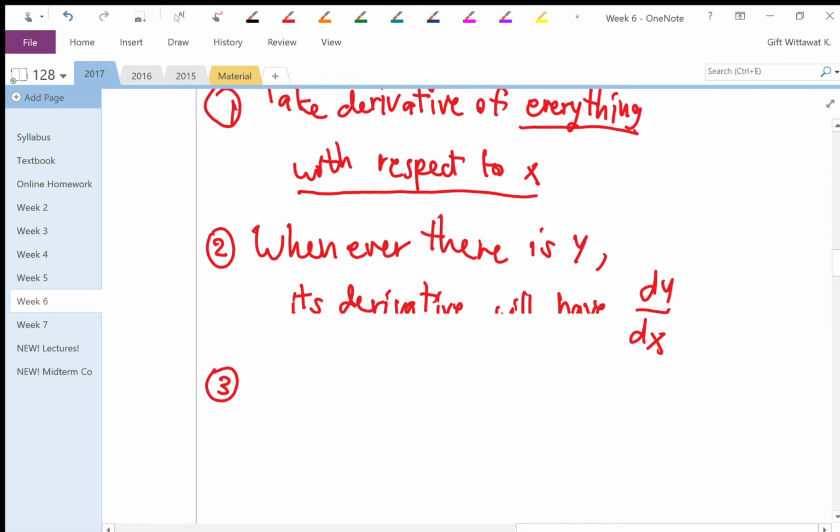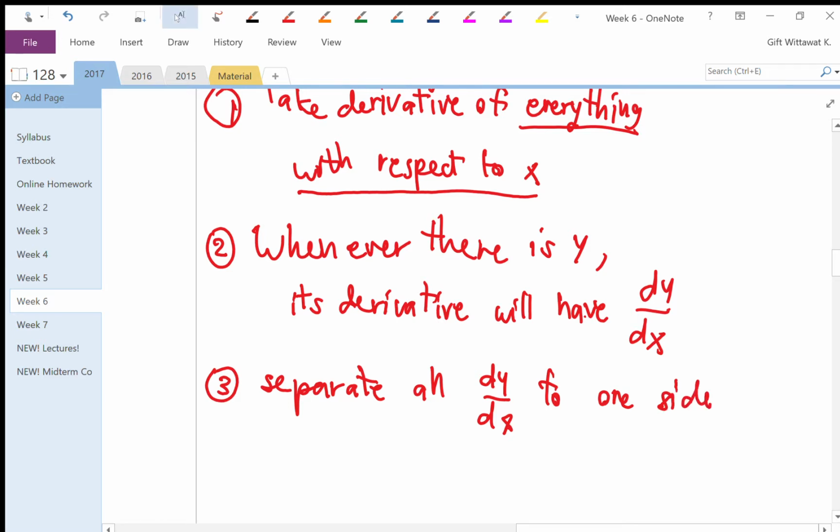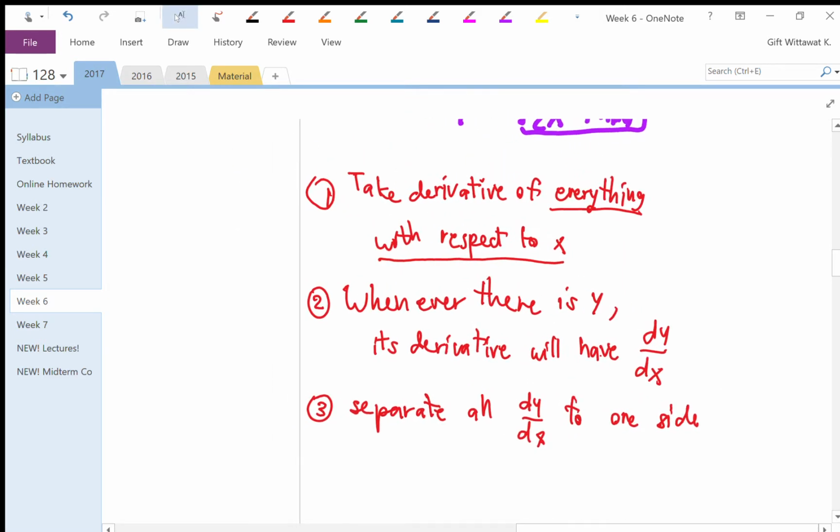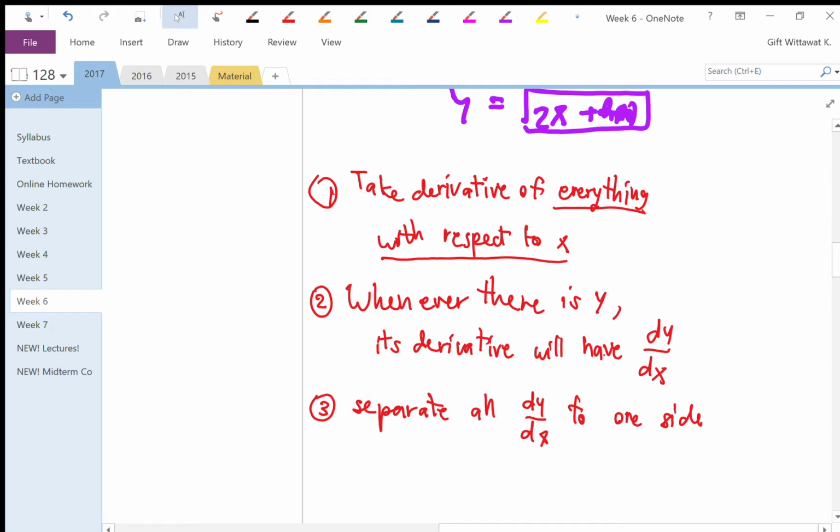And also, you separate all the terms that have dy by dx to one side. So these are the steps that we can use to find the derivative of the implicit function.